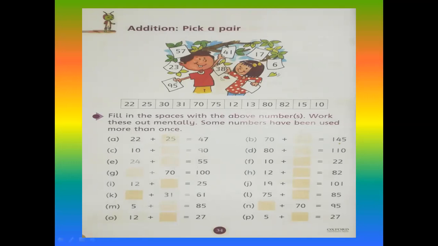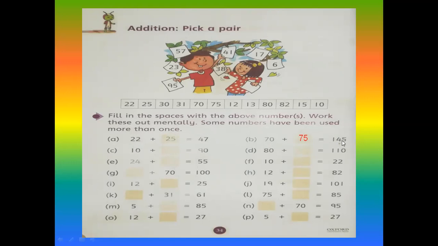Look, 5 plus 0 is 5, 7 plus 7 is 14. It means this number will use 75. Okay, so 70 plus 75. You will write here 75. So 70 plus 75 is equal to 145.